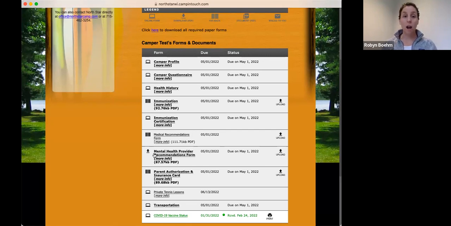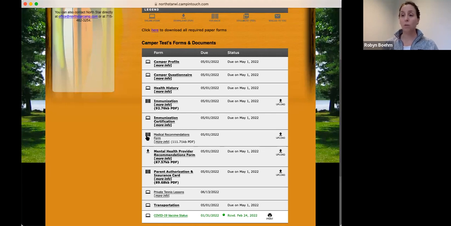These two forms are optional, but we do ask that if your camper has any ongoing health conditions, meaning asthma, perhaps a diagnosis of ADHD, any chronic conditions, or has been hospitalized in the last year, we do ask you submit this medical recommendations form. The medical recommendations form is a printout form that can be faxed back or uploaded to us.